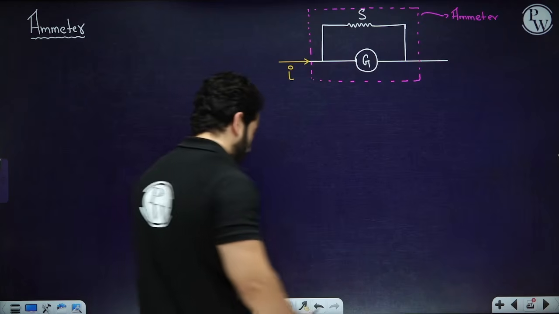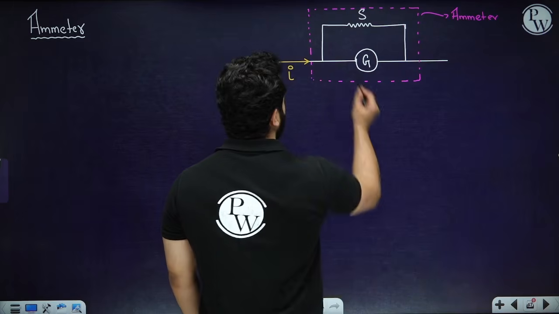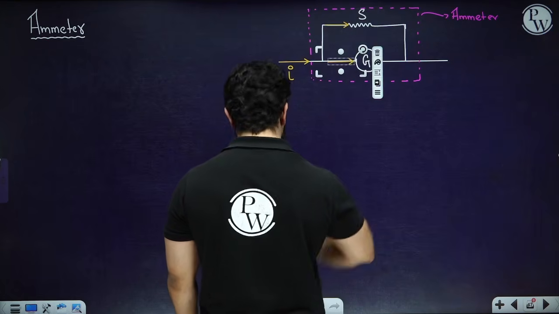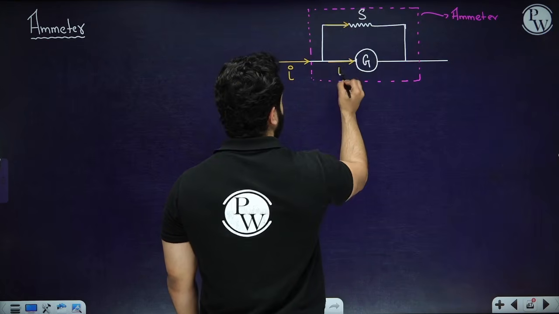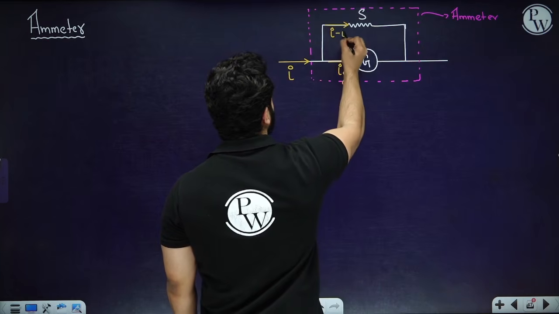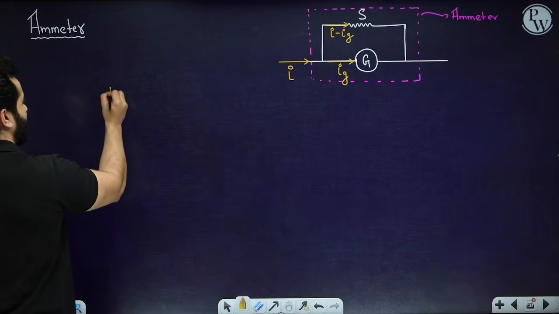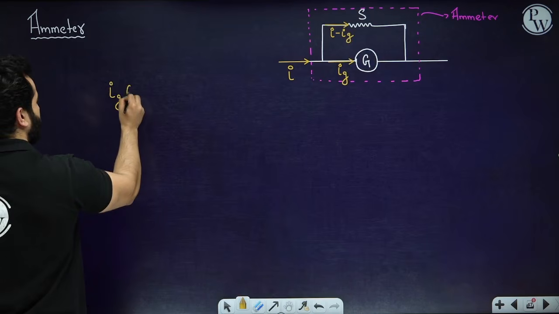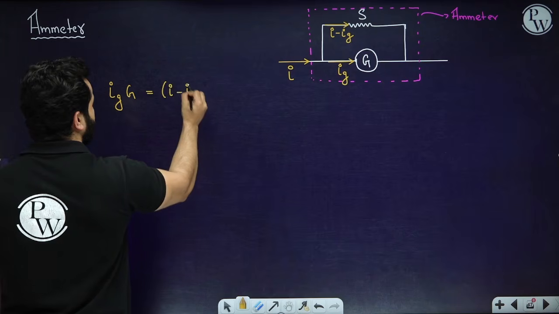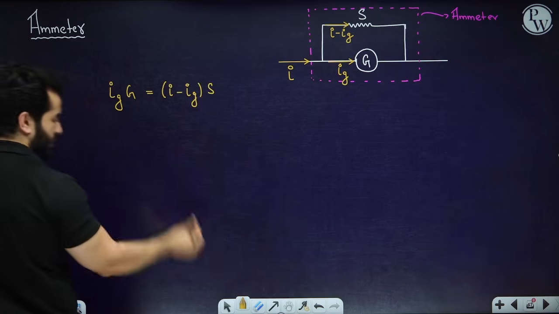So the major current will pass through this shunt, and a lesser value, Ig, will pass through this galvanometer. This current will be Ig, and the remaining current, I minus Ig, will pass through the shunt. So the equation is: Ig times the resistance of the galvanometer equals (I minus Ig) times the value of the shunt.